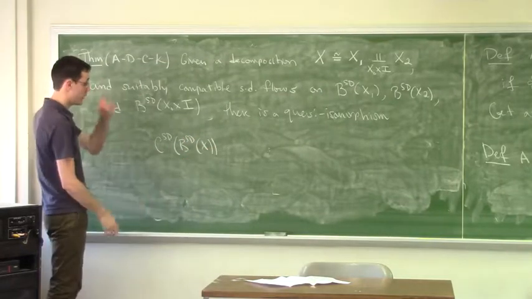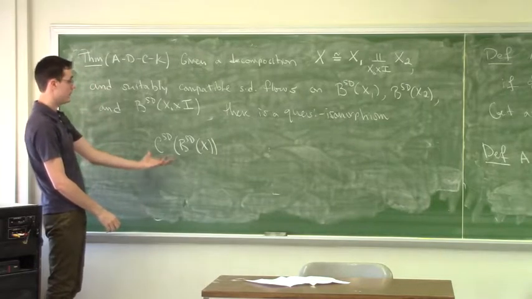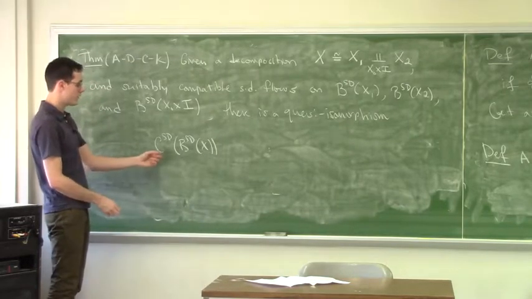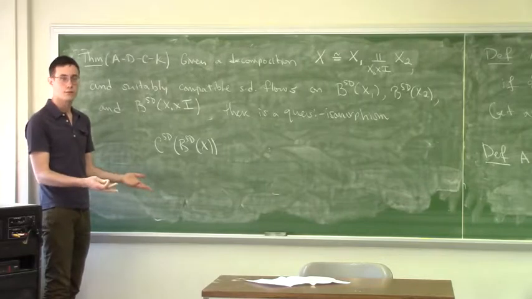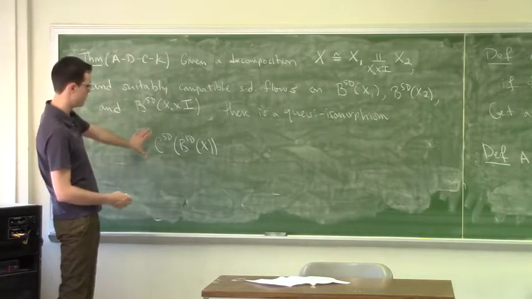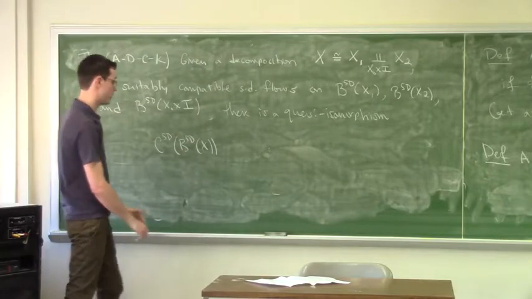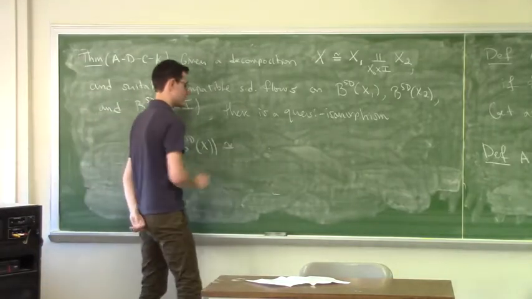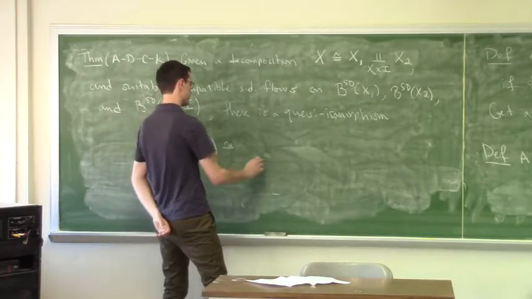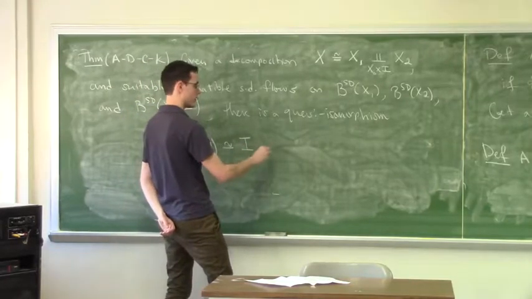And I should have said, when I introduced it, and maybe it was obvious to you, that subdivisional chains computes the homology of the space. So this is really computing the homology of the configuration spaces of X as we wanted. This is quasi-isomorphic to the derived tensor product of the Morse complexes.